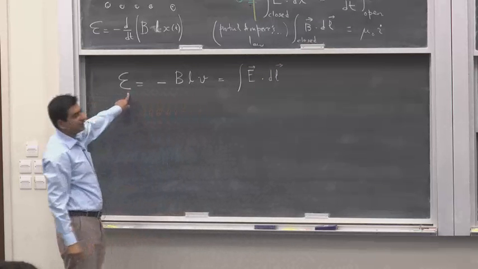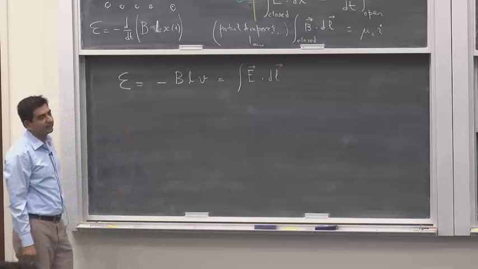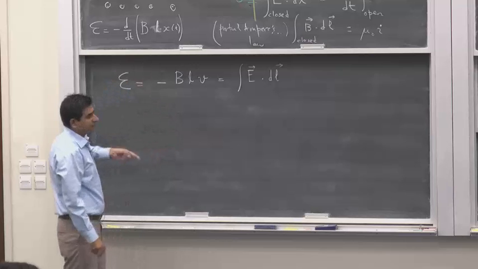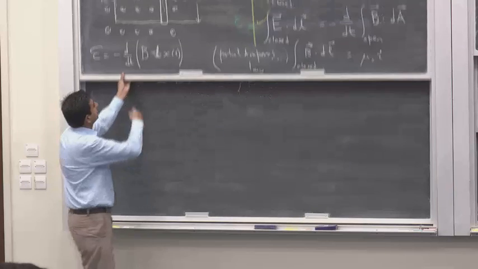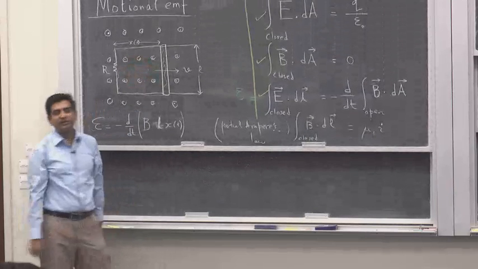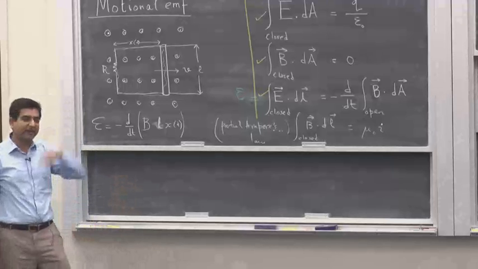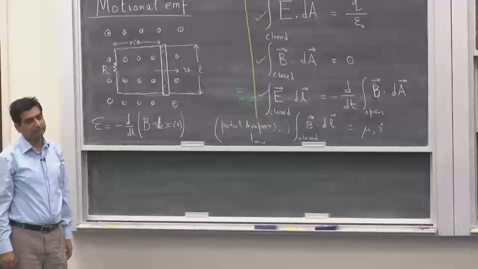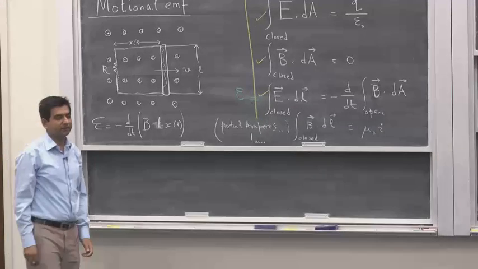Now if this is an EMF that is induced inside the circuit, a current may flow because this is a closed path. So what's the direction of the EMF and what's the direction of the current?